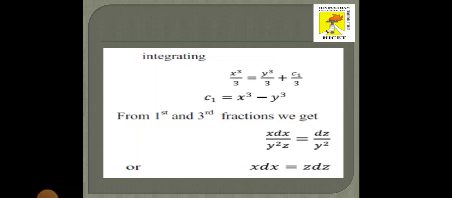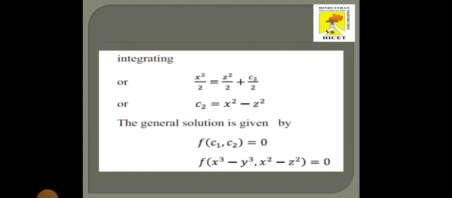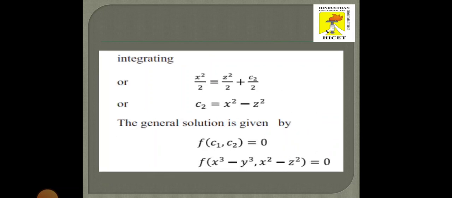On integrating, integral x dx is x square by 2, right hand side, integral z dz is z square by 2 plus constant. So the other constant c2 is x square minus z square.